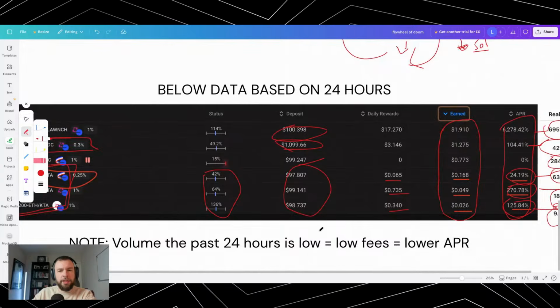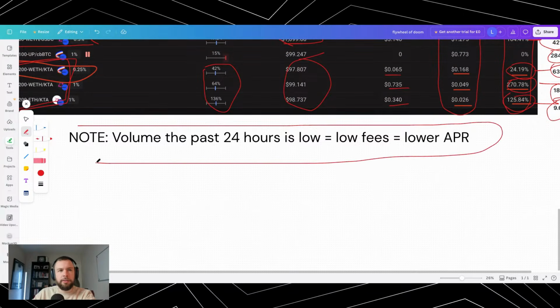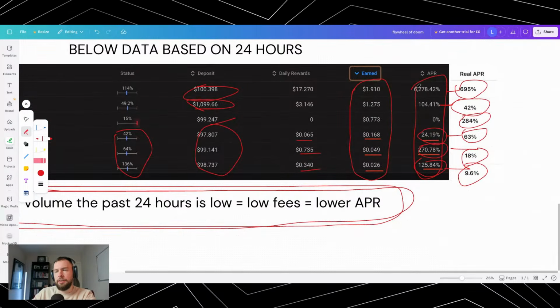And the main reason for that was this. Because people look at the APR, and the big thing about the APR is it's an average, right? So if this is saying 6,200, 100%, 24%, 270%, 125%, that is just basically an average over a number of days of what is projected to do over a year.